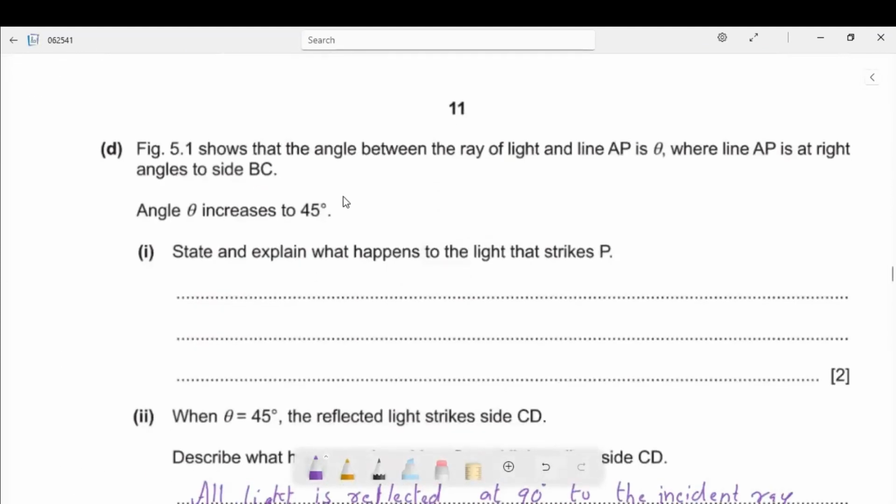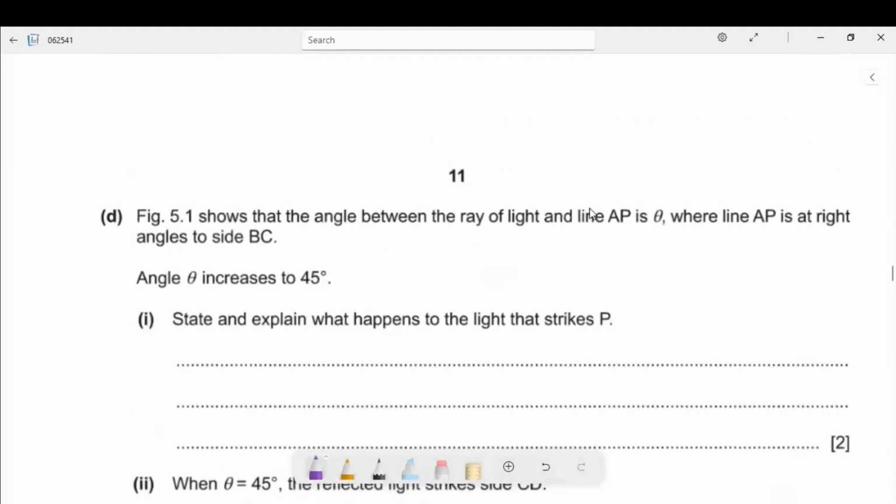Figure 5.1 shows that the angle between the ray of light and line AP is theta, where line AP is at right angles to the side BC. Angle theta increases to 45 degrees.